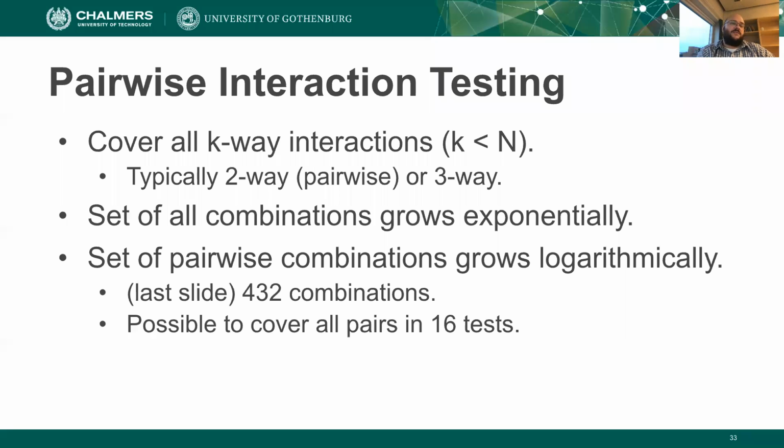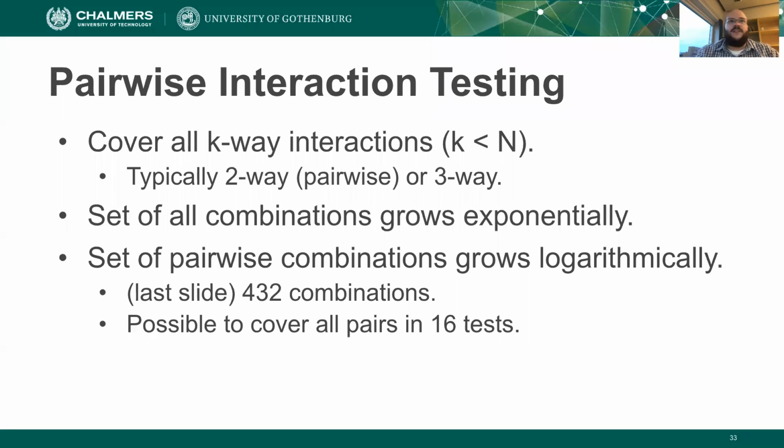How much does generating possible pairs of values here and covering those pairs of values save compared with coming up with all combinations? Well, we've already seen the number of all combinations is the product of the number of values for every choice, and that this product grows exponentially with the number of choices. It turns out that the number of combinations that you need to cover all possible pairs of values grows only logarithmically with the number of choices.